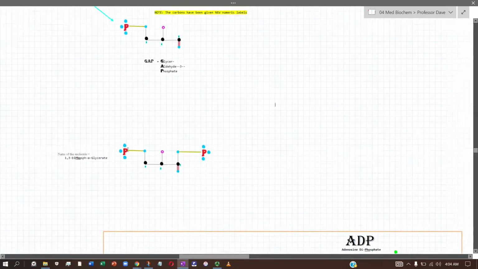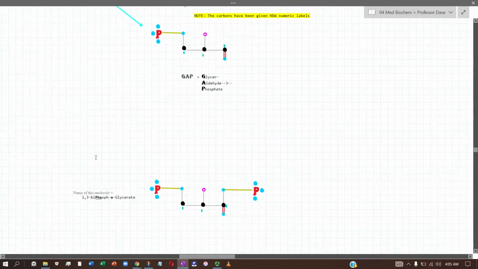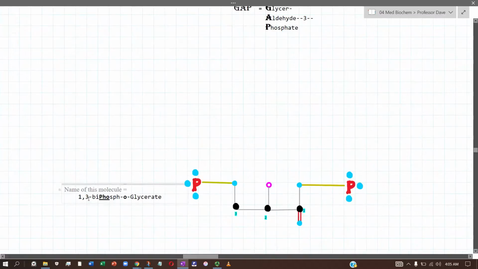What happens to GAP is some enzyme comes along and adds another phosphate. Over here there was no phosphate, but now, boom, you have a phosphate there. Hence, the name of this molecule is 1,3-bisphosphoglycerate.